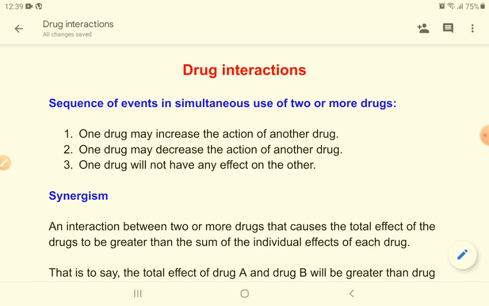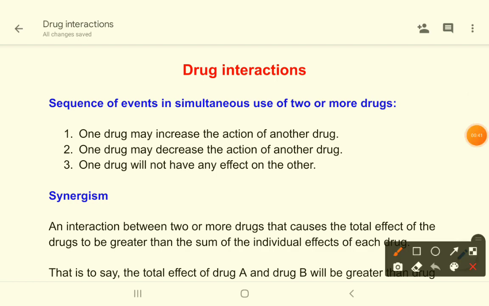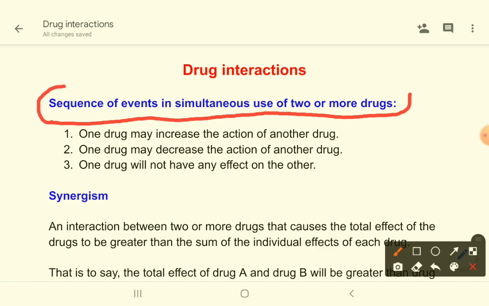So let's see the sequence of events in simultaneous use of two or more drugs. If you give two or more drugs together to a patient, then what can happen? How can the drugs respond to each other's presence?